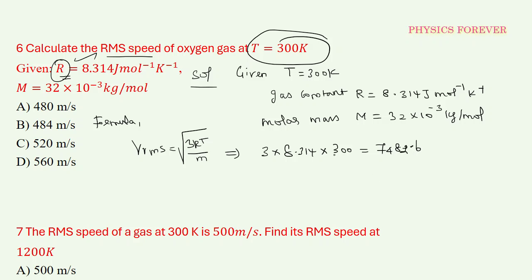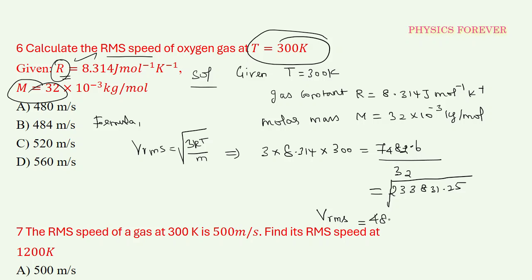After that we divide by the molar mass, 32, and we get 233831.25. After that we take the square root, and finally we get the root mean square speed, 483.6 meters per second.